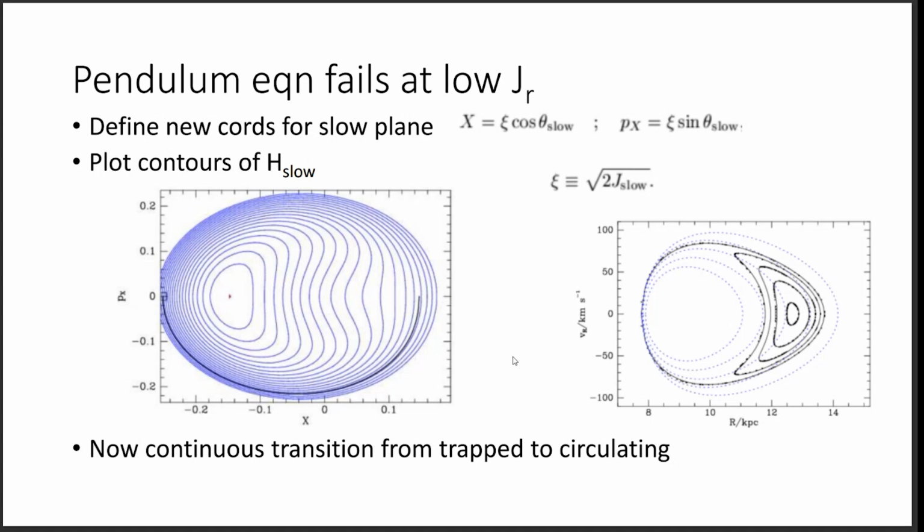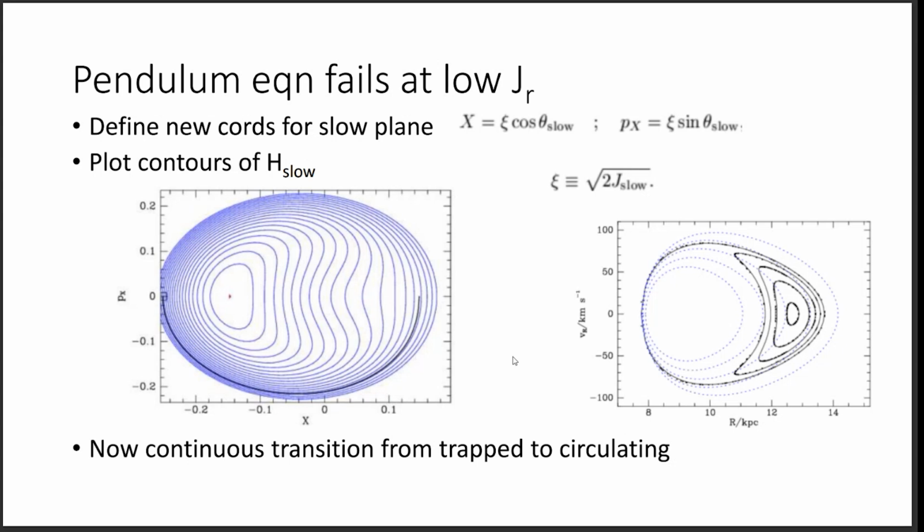The blue curves here are contours of effective Hamiltonian at a small value of J_R. What we have here is a hill. Orbits go around the hill, and this orbit is clearly not trapped because it's going around here, right? So its slow angle is circulating from nothing to 2 pi.